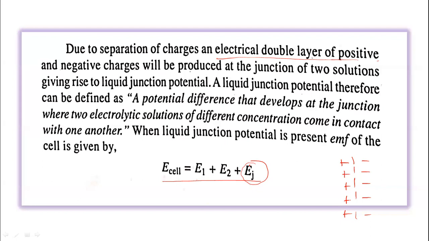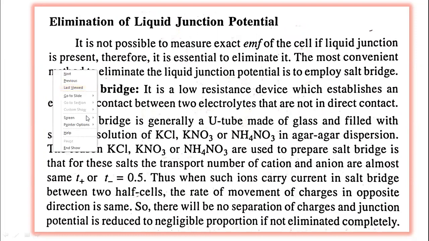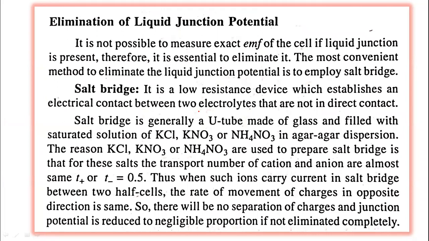How to eliminate this liquid junction potential? So let us discuss this: elimination of liquid junction potential. Actually, it is not possible to measure exactly the EMF of the cell if liquid junction potential is present.